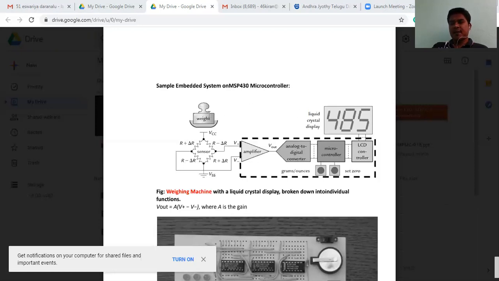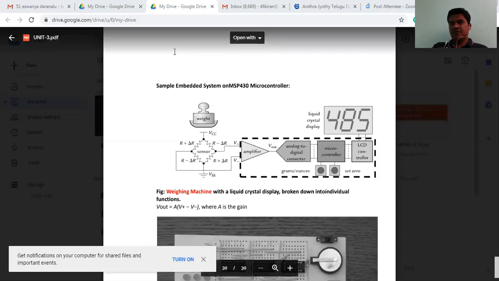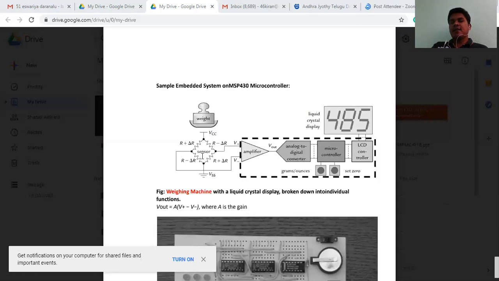After applying the weight here, what happens? The weight is going to be applied on these arms of the Wheatstone bridge. Then some of the resistances are going to be compressed, some of the resistances are going to be stretched, so that the resistances are going to change. When the resistance changes, the bridge is no more in balanced mode. Then V plus and V minus are not the same now.